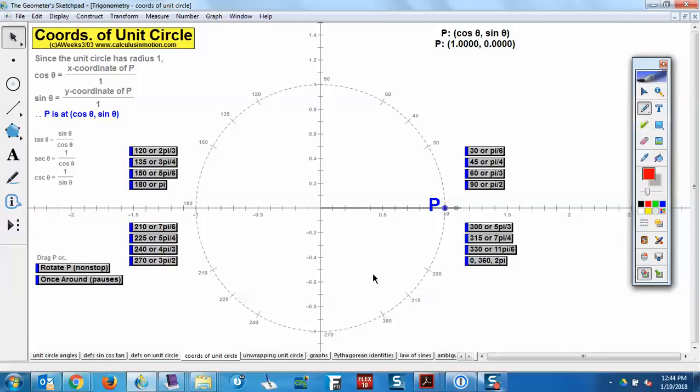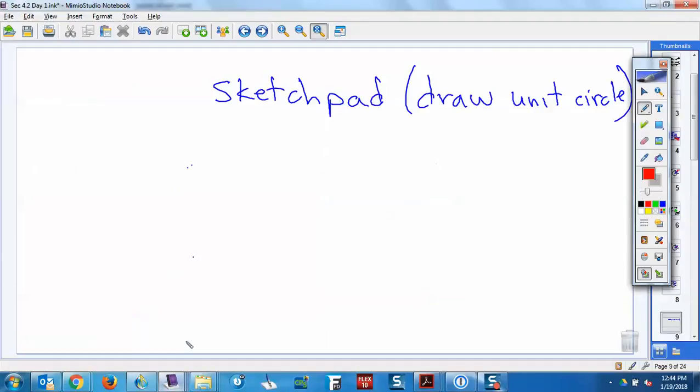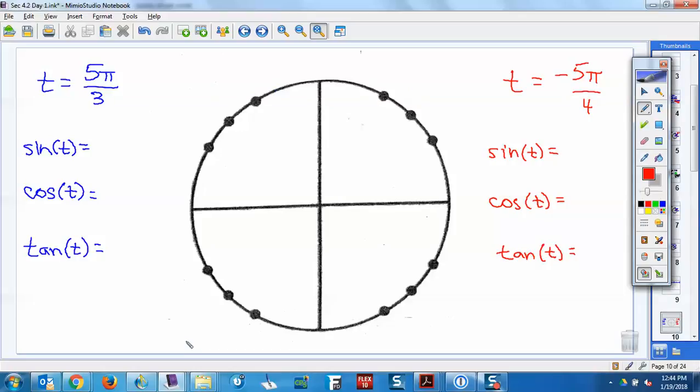Oh, right. 30 degrees or pi over 6. Now let's do it in radians, okay? 30 degrees or pi over 6. What's the next one? Okay? 30 degrees or pi over 6. Next one? Pi over 4.